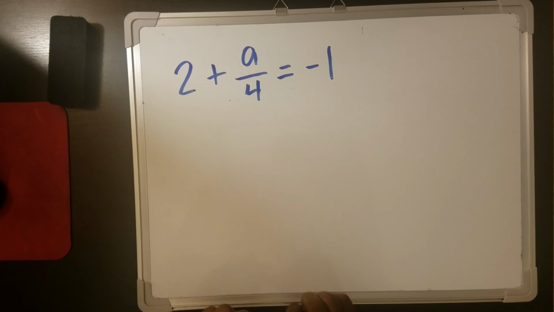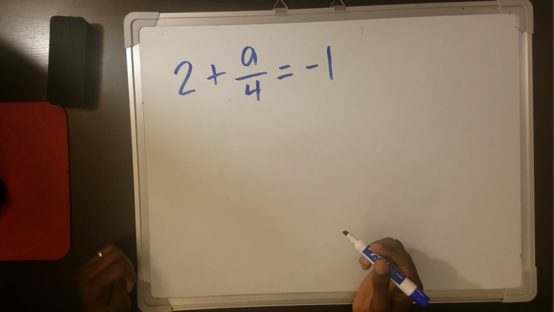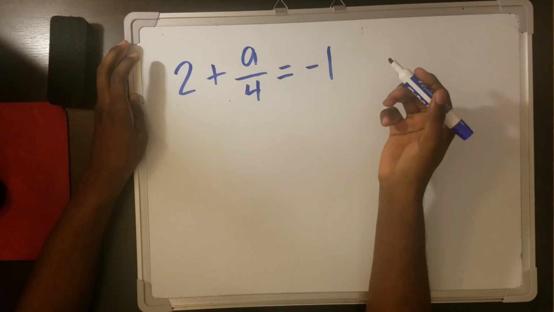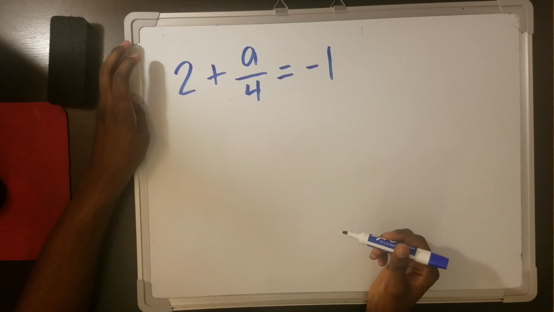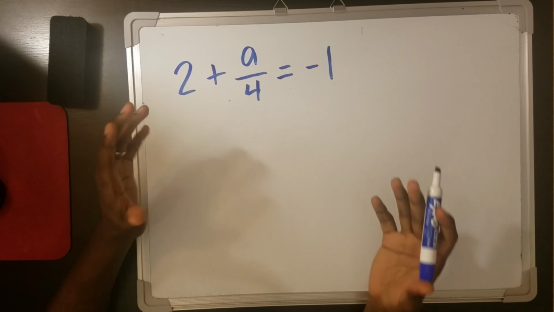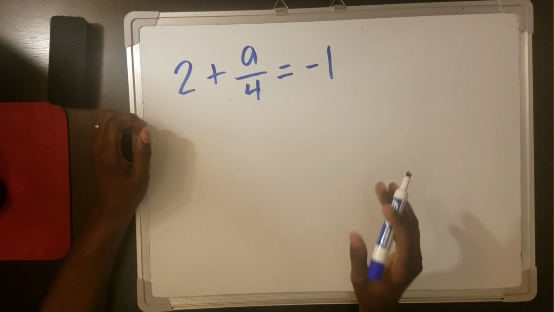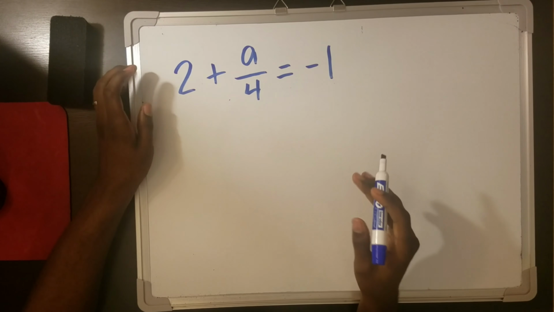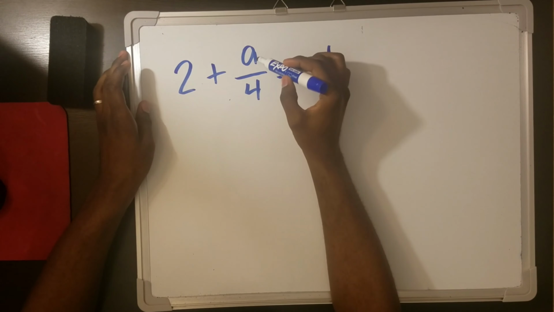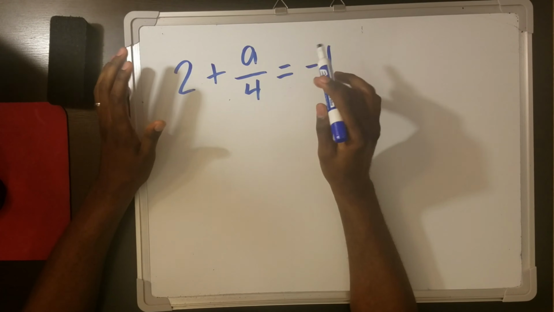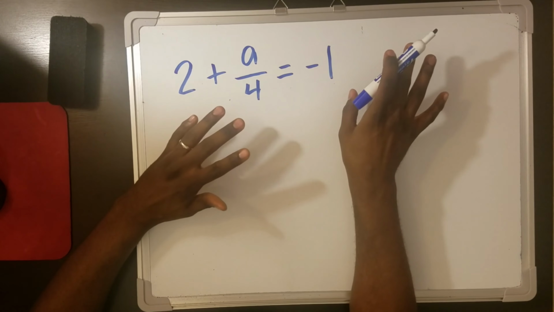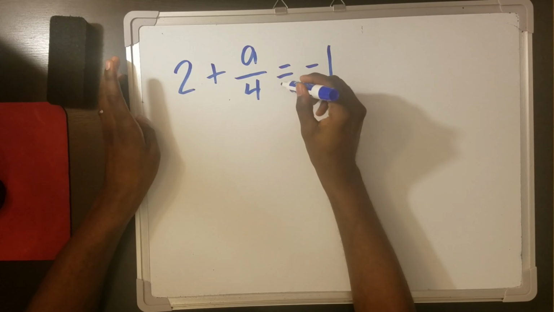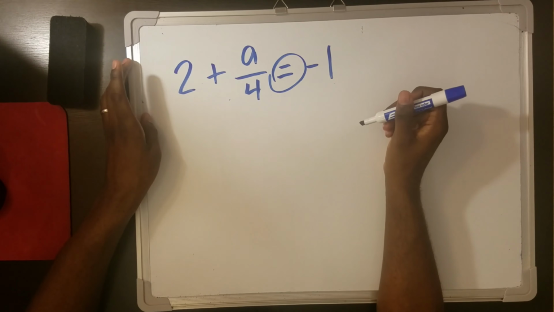So when we're solving linear equations, or solving for x, or solving for a in this case, there's only one thing you really want to do. If you can remember that, then you're halfway there. Whenever we want to solve for a letter, we want to try to move everything else but that letter to the other side of the equal sign.